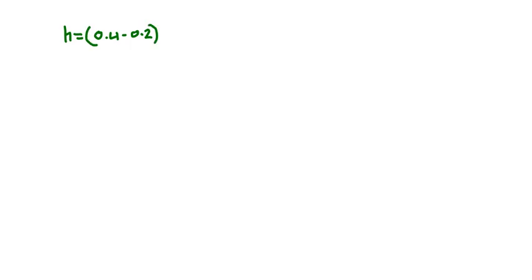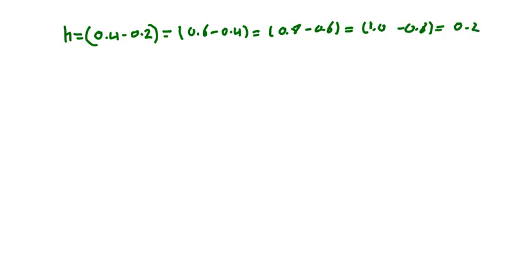Okay, so this is the same as if you said 0.6 minus 0.4, or 0.8 minus 0.6, or 1.0 minus 0.8, which is actually going to give you 0.2. So it simply means our step size, h, is equal to 0.2. That's what we are going to use.